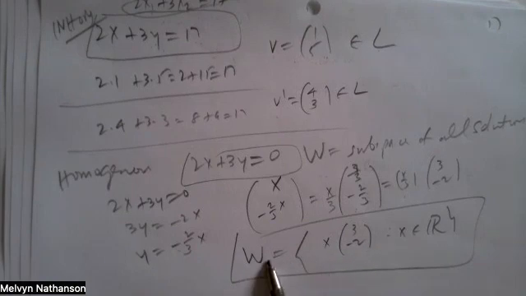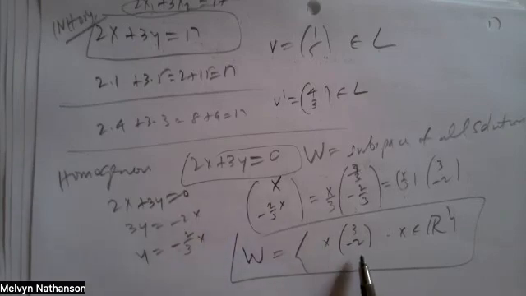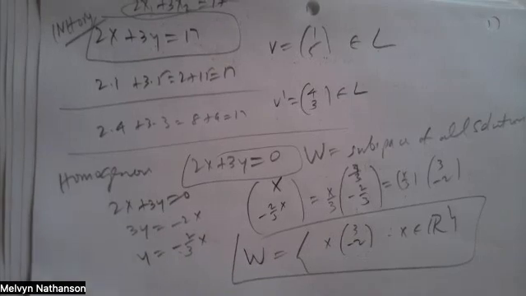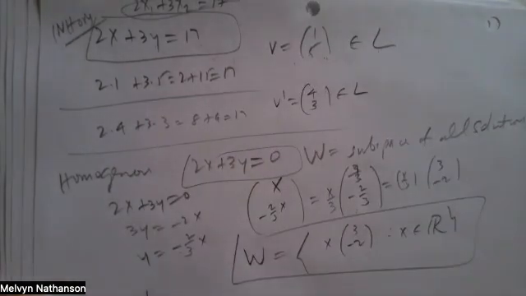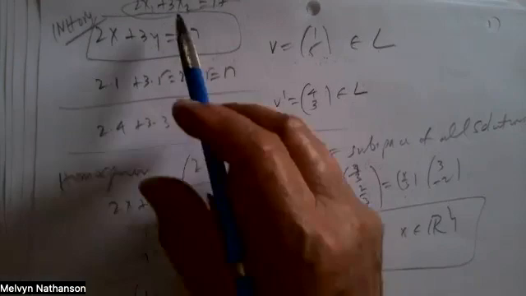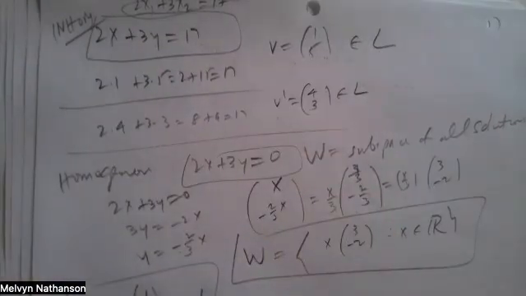I can write the solution space in other ways as well. There's nothing unique about this form, but every solution of this equation is some scalar multiple of (3, -2). And I claim that L is equal to this vector (1, 5), a particular solution, plus W. That's what our theorem says.